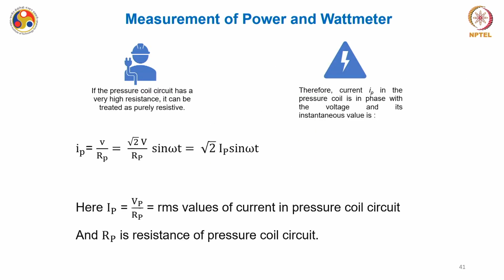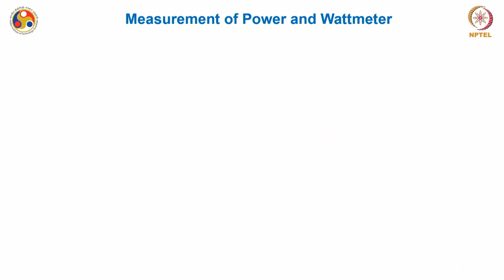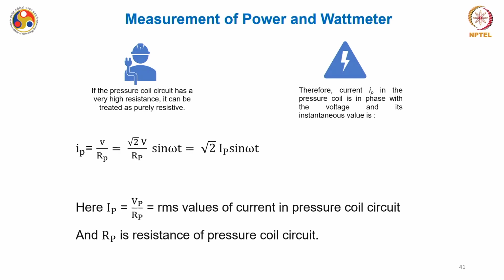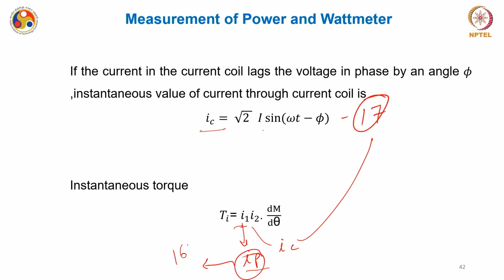Let's recall from our previous equation, equation 14, that the instantaneous value of torque was given as I1 into I2 into dM by d theta. Here I1 is ip, the current in the pressure coil, and I2 is ic, the instantaneous value of current through the current coil, given by equation 17, while ip was given by equation 16.